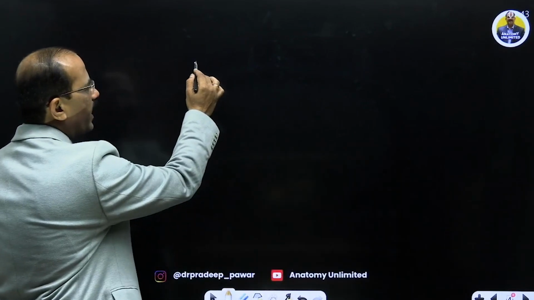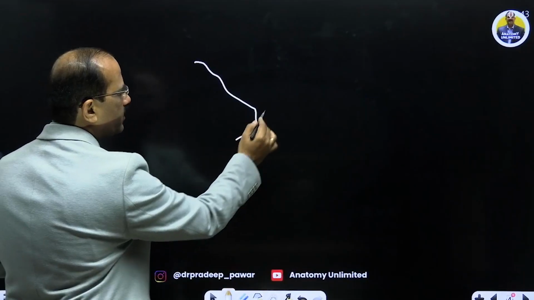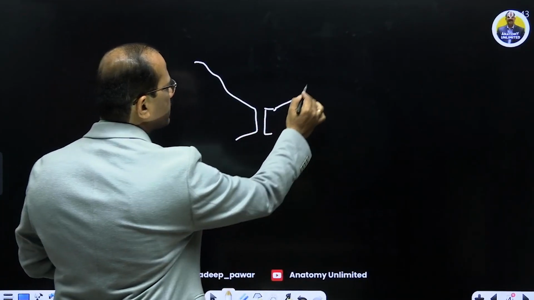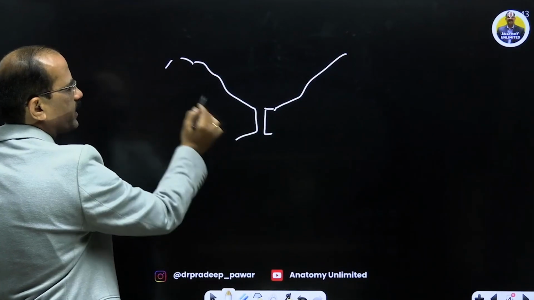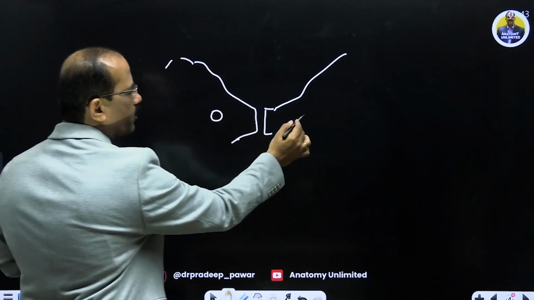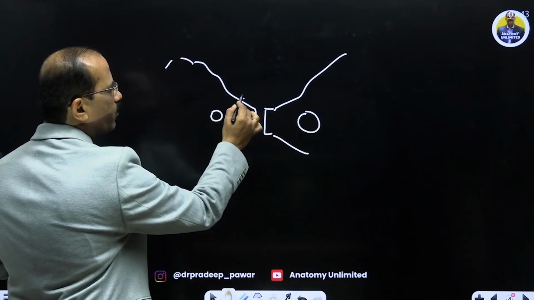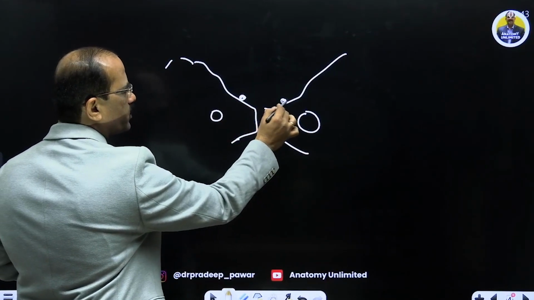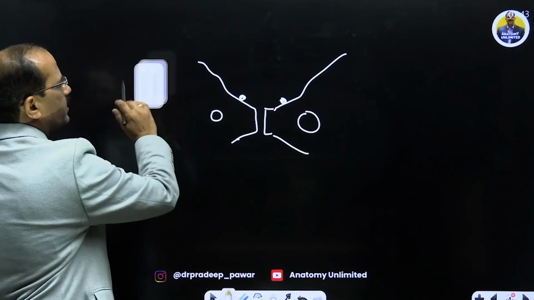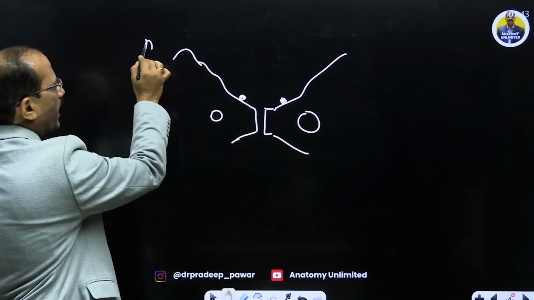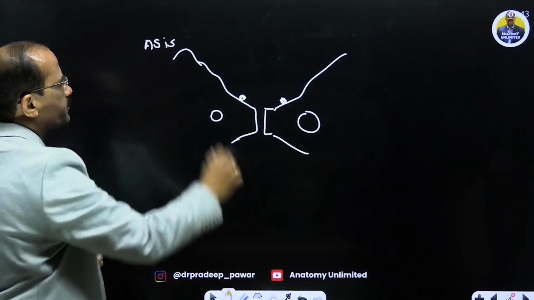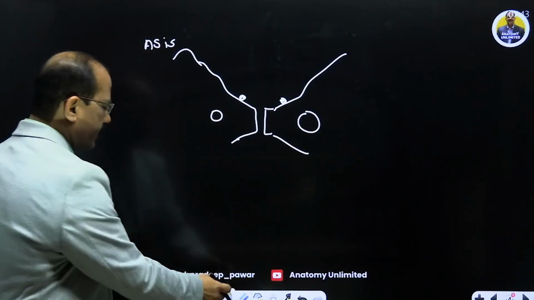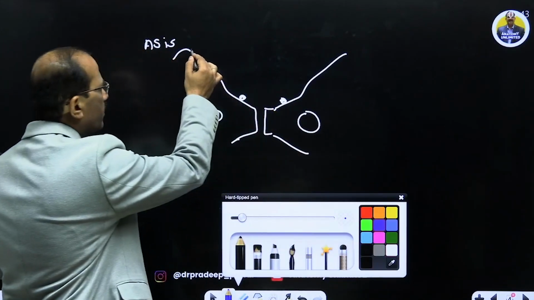Look at this. यह है anterior superior iliac spine, यह है pubic symphysis. That's the anterior superior iliac spine. This is the obturator foramen. What is this? Pubic tubercle. Anterior superior iliac spine से pubic tubercle तक, what is this?